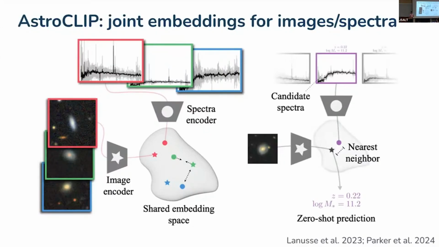You can learn encoders for both of these. One is a transformer-based model, and for the other you'd use either a vision transformer or a CNN or something like that. And you can have them encoded in the same space. As usual with CLIP, you're looking to match the pairs together and separate out the non-matched pairs, and ensure that they come up with similar latent representations. The idea is that the shared embedding space tells you something about the physics of these two objects.